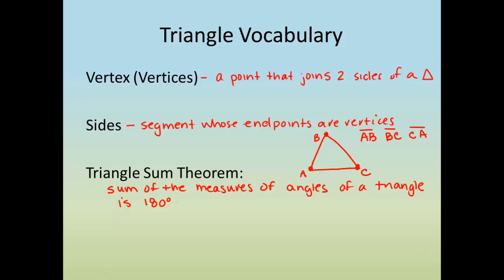Since we know a triangle has three angles, we would be adding three measures together to equal 180 degrees. I can write this as an equation. If I'm using the triangle above, I would say that the measure of angle A plus the measure of angle B plus the measure of angle C must add up to 180 degrees.